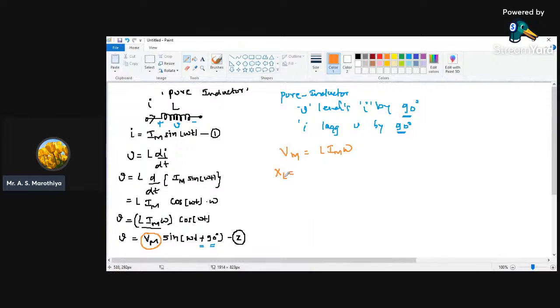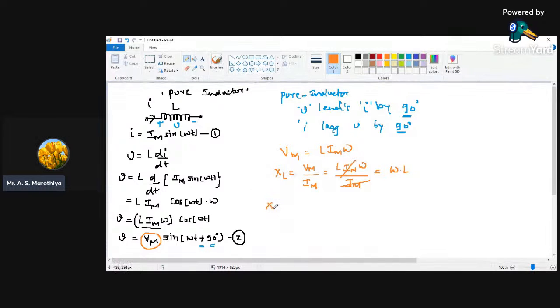Now XL is the ohmic opposition offered by inductor to the flow of current, and according to Ohm's law, the ohmic opposition is simply the ratio of voltage by current. So this is Vm divided by Im. Now Vm is L into Im into omega, divided by Im. So this Im will get cancelled, and we get the value as omega into L.